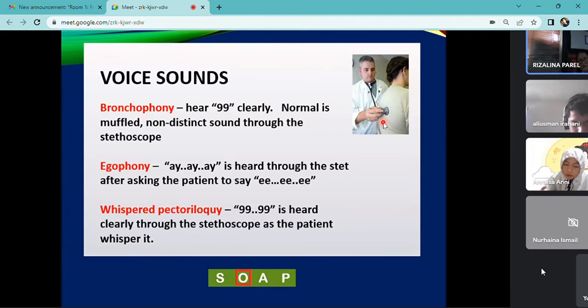Take down notes of that one. Bronchophony is also called vocal resonance.